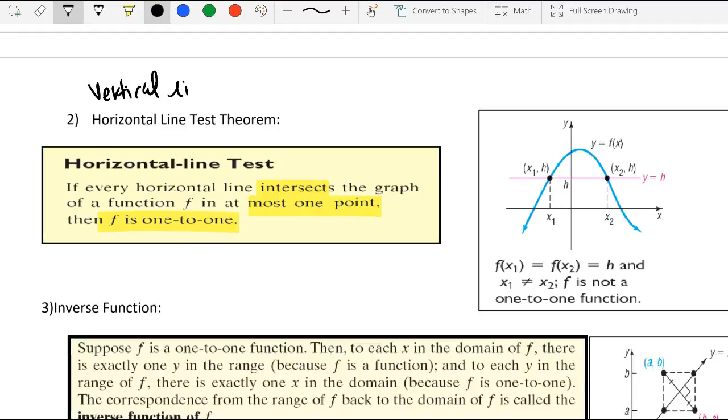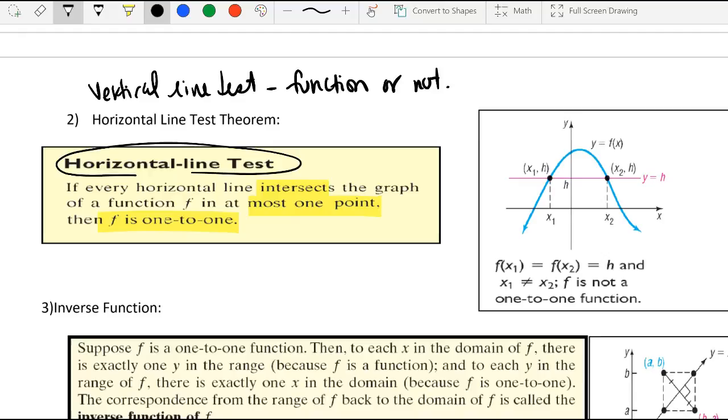Vertical line test was a test to prove whether it was a function or not. A horizontal line test is a test to see if this is a one-to-one or not. So there's a difference. Okay, so let's do a vertical line test first, and then you can tell me.